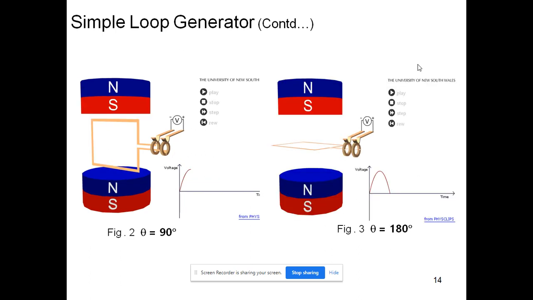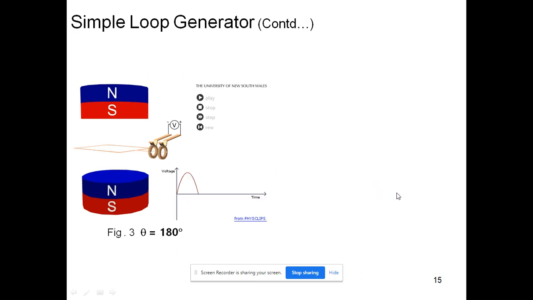On further rotation, that is when theta is equal to 180 degrees, there will be no cutting of flux. Hence the voltage again becomes 0, meaning the voltage has reduced from maximum to 0.